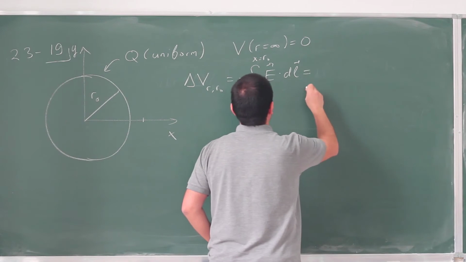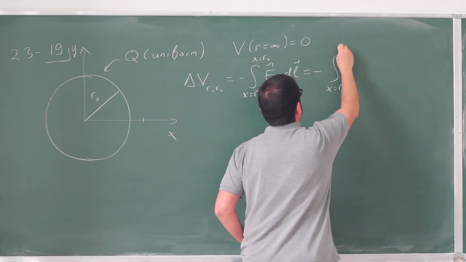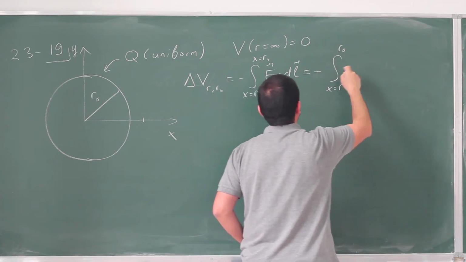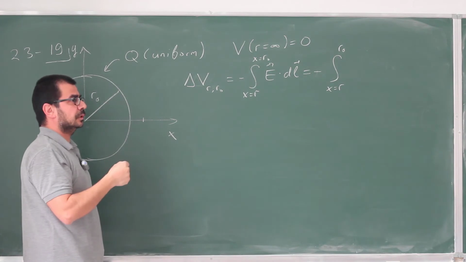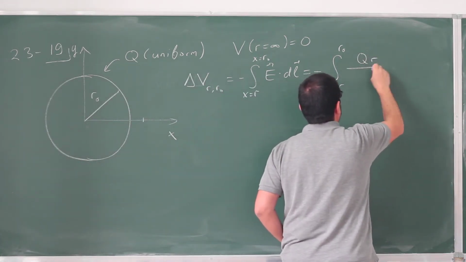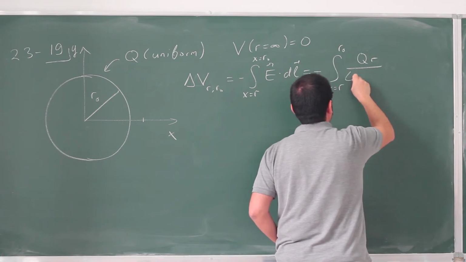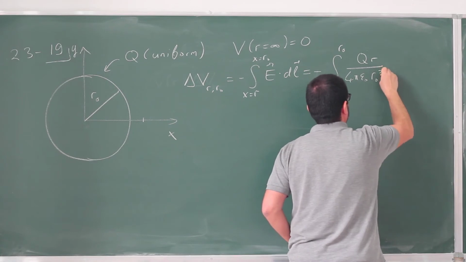So let's just proceed. So this is going to be x from R to R0, and the electric field must be Q times x divided by 4 pi epsilon naught R0 cubed, okay?